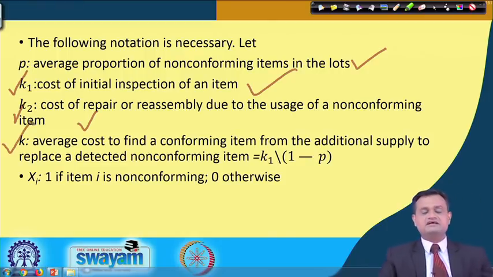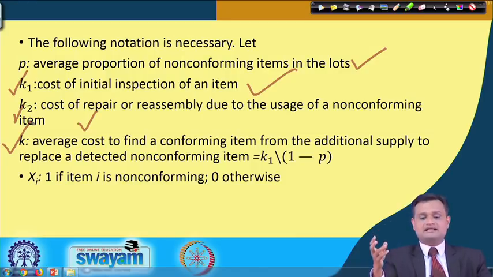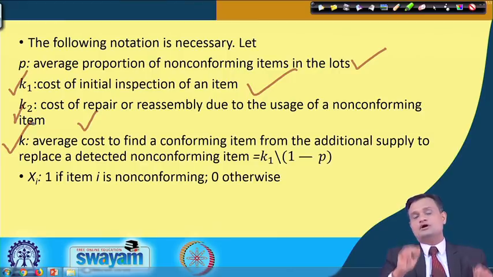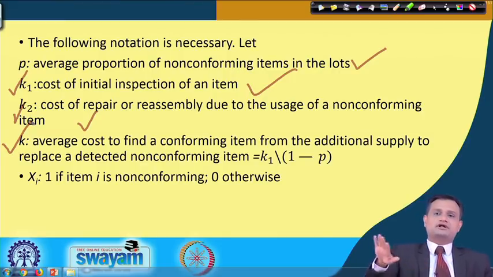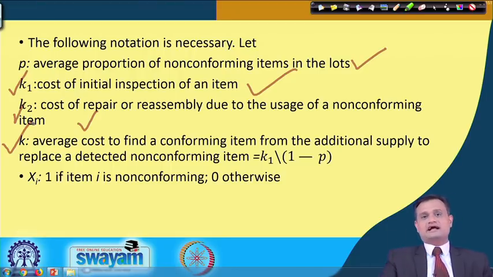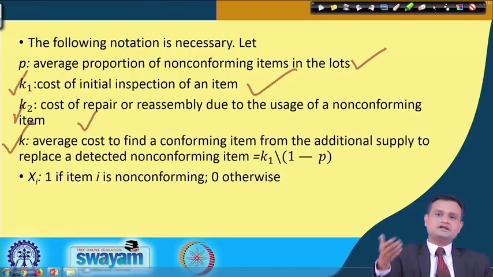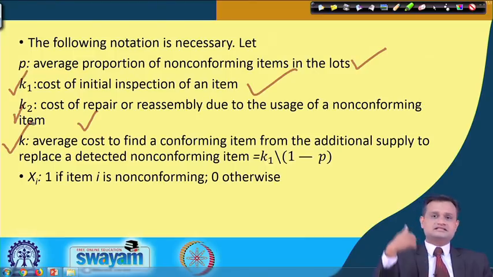K is the average cost to find conforming items from the additional supply to replace a detected non-conforming item. Now see, he is also considering the third component. K is the average cost of finding a conforming item from the additional supply. Now you have found that a particular lot is rejected and the number of non-conforming items needs to be replaced by the vendor, and this is the additional cost on the side of the vendor as overhead.